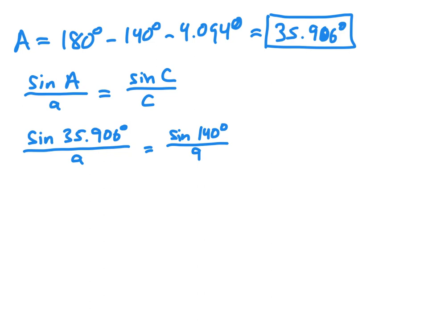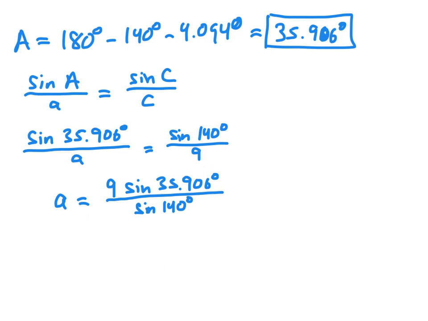We can solve this equation for A, and we see that A is going to be 9 times the sine of 35.906 degrees divided by the sine of 140 degrees. And using a calculator, this is approximately 8.211. And so this is our value for side length A, which is the last piece of the puzzle that we needed in order to solve this particular triangle.